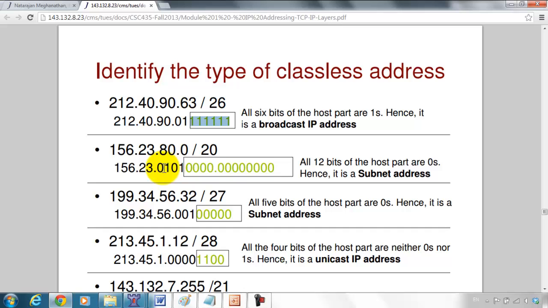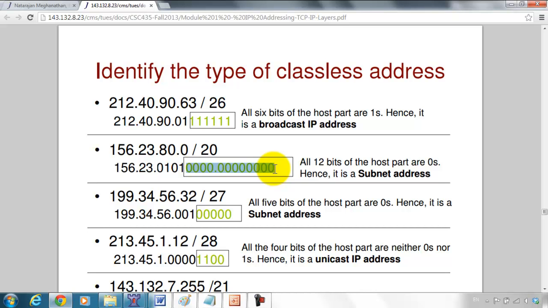Okay. Now this is 80.0/20. So 20 means 32 minus 20, 12 bits are used for the host part. So this is going to be my 80, and this is going to be my 0. So these are the 12 bits for the host part, 8 plus 4.